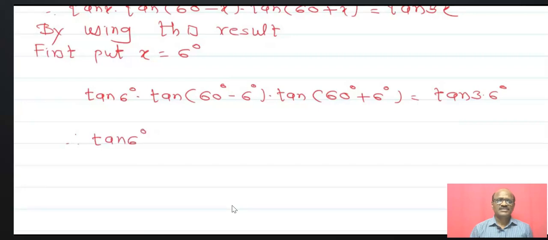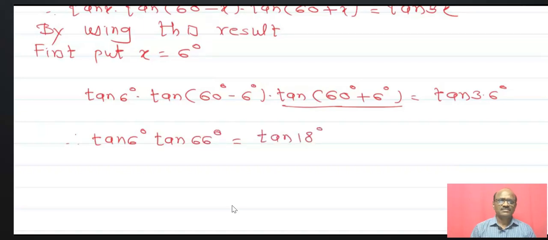Tan of 6 degree, tan of 66, and tan of 54.